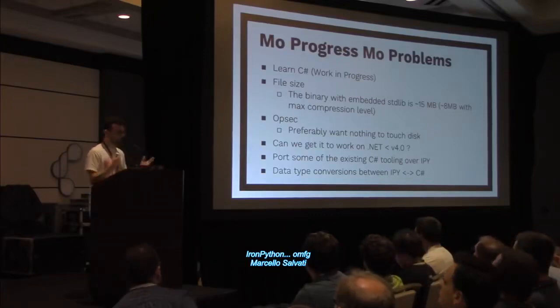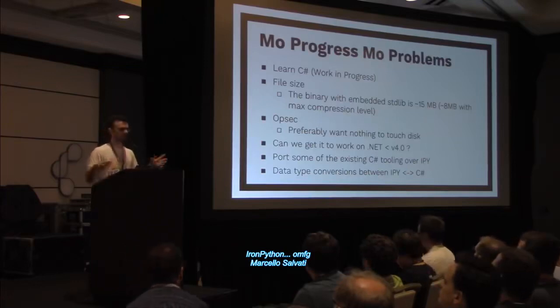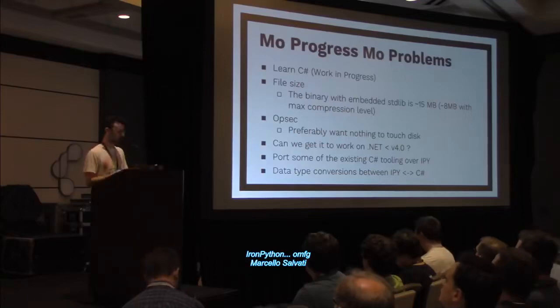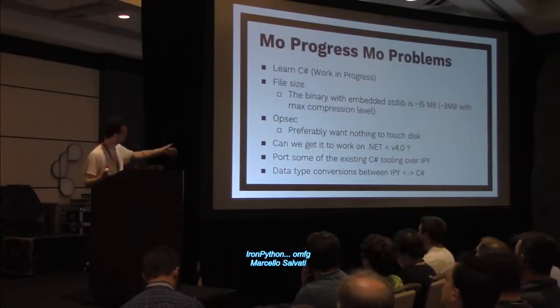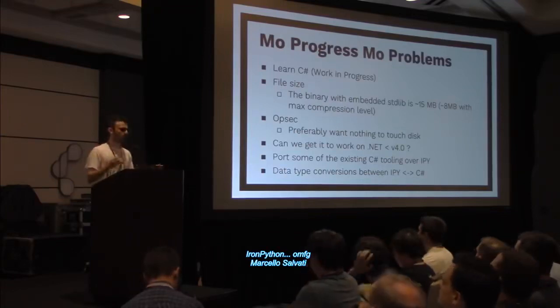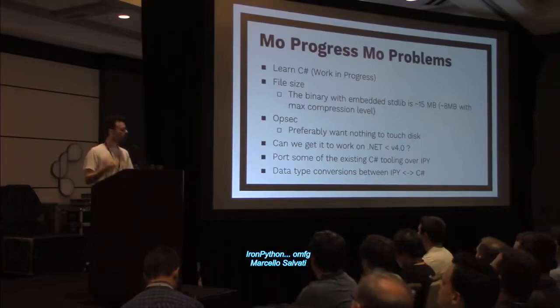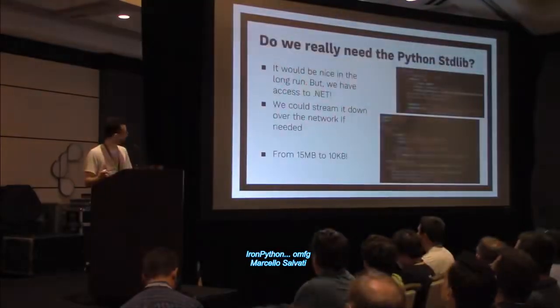And now really the only thing we have to do is write a framework around it, and port some of the existing C# tooling that's been coming out to IronPython, which is really, really easy because it's the same function calls that you do in C#, only in Python, which is better. And all of the data type conversions between IronPython and C#, I thought that would initially be a problem, but it turns out it's pretty easy as well.